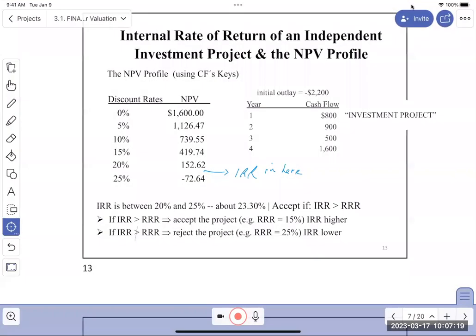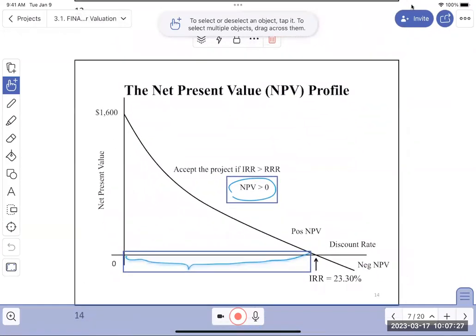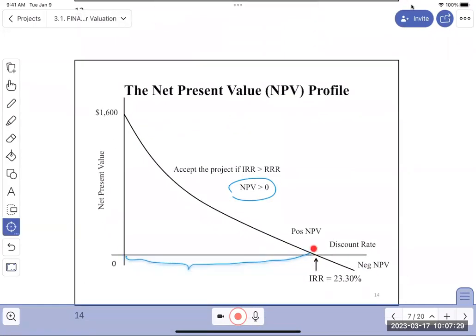All right, so we've done that. We've calculated the IRR, very simply. We found it here, 23.3. What we want to do next is generate the whole line. The way we're going to do that, keep your cash flows in the calculator.